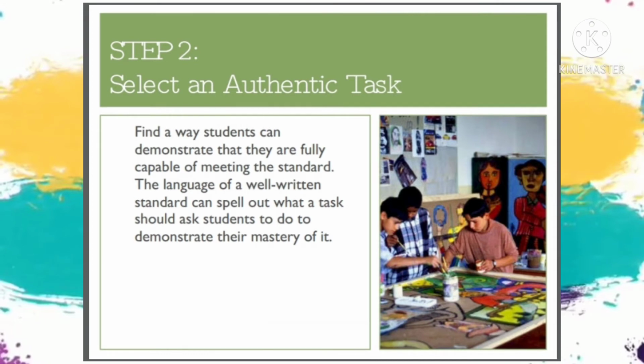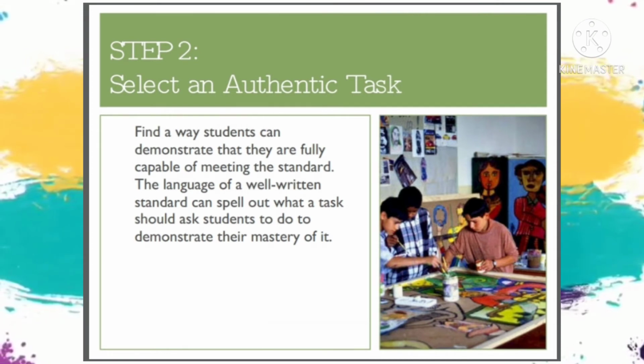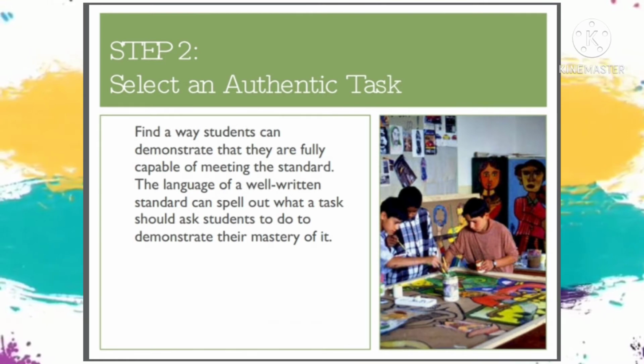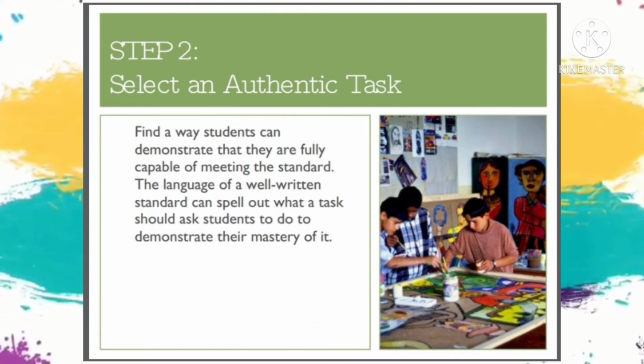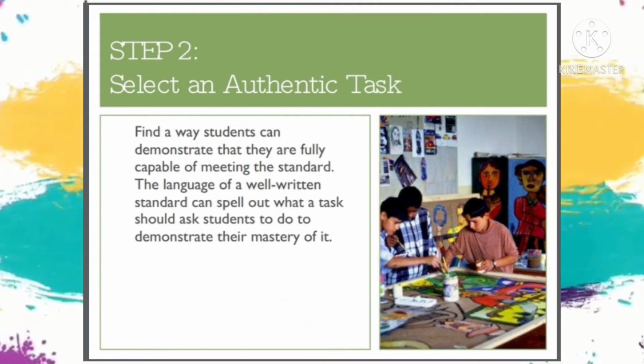Step 2. Select an authentic task. Find a way students can demonstrate that they are fully capable of meeting the standards. The language of a well-written standard can spell out what a task should ask students to do to demonstrate their mastery of it. Example, the standard talks about the globe and the location of the continents in the globe.